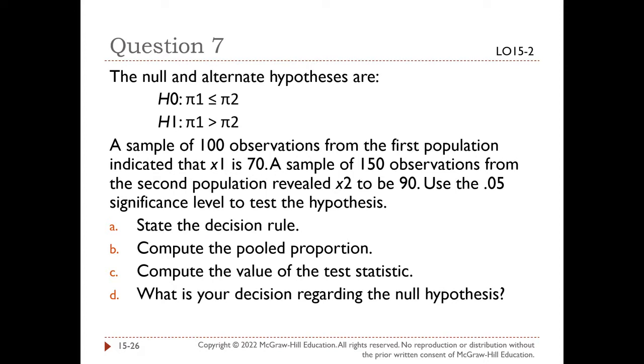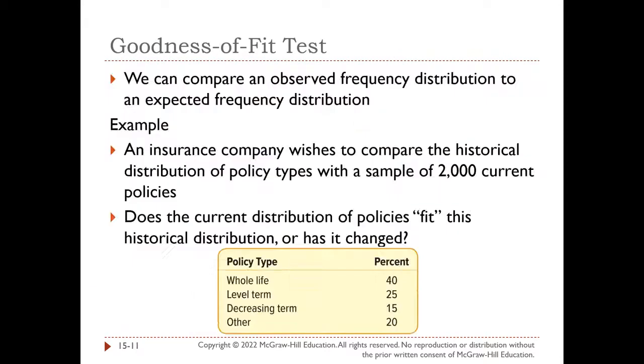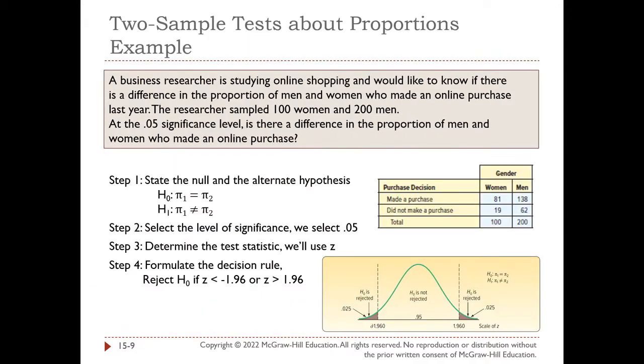Use the 0.05 significance level to test the hypothesis. So, our decision rule. Again, all the way back here, it is going to be right here. So we know with them being equal, we'll have 1.96 as our z value.